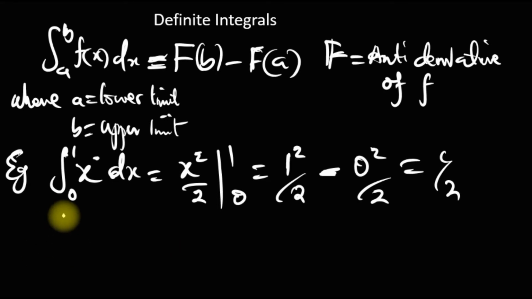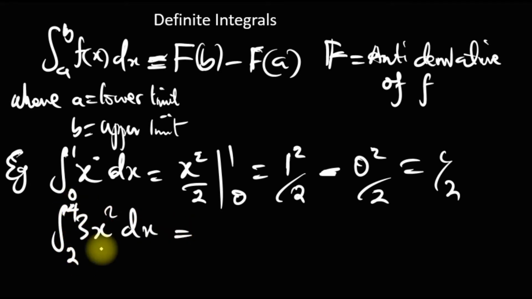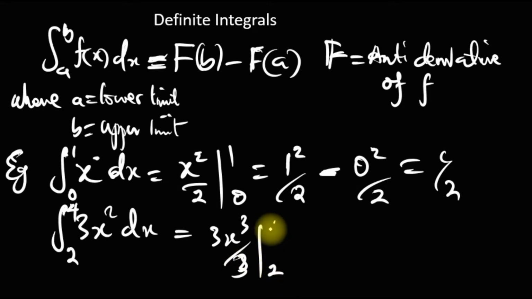Or let me just give another one. Maybe if you have the integral of 3x squared dx from 2 to 4. So we integrate this, which is 3x cubed over 3 from 2 to 4. So we have x cubed from 2 to 4.